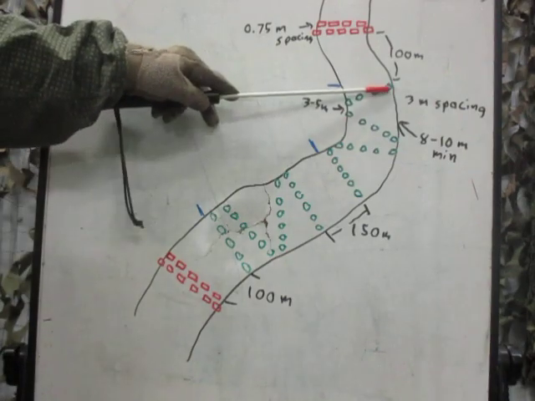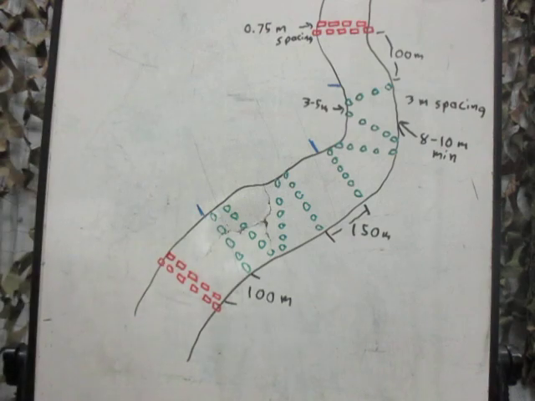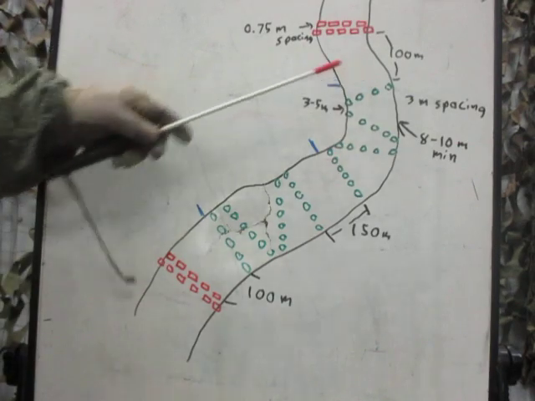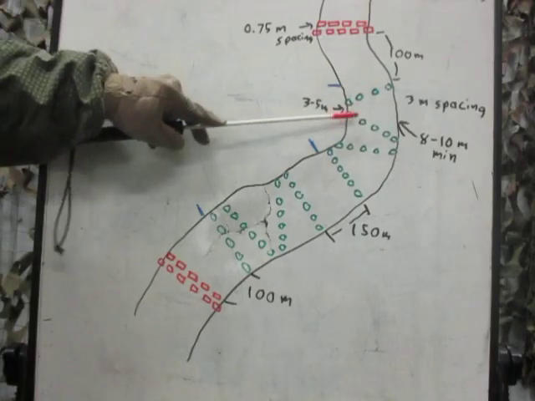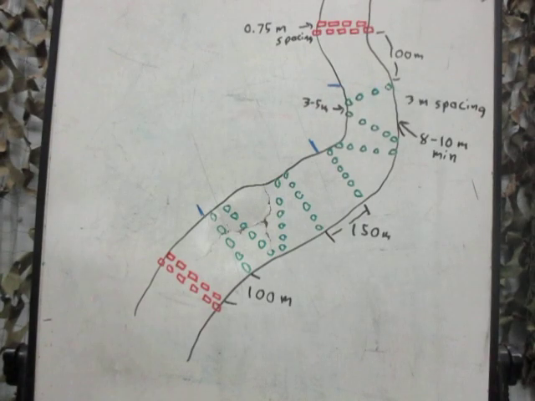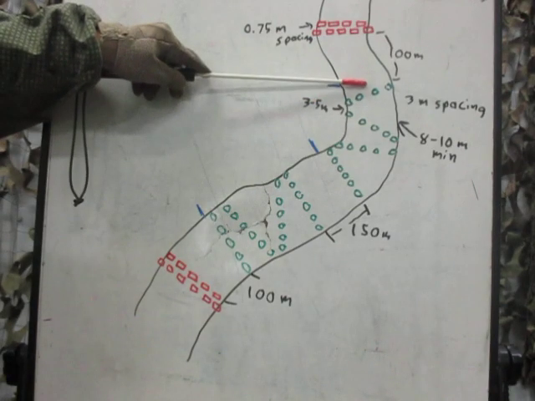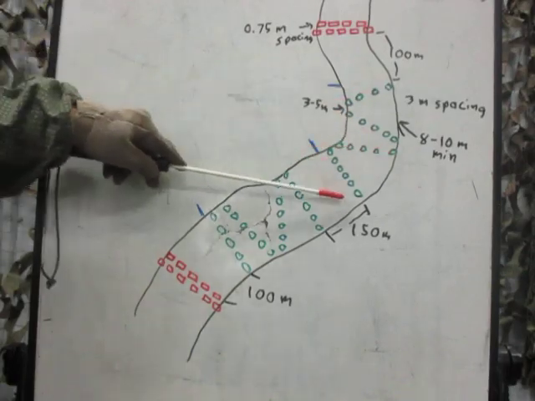Minimum spacing on the wide part of the zigzag here was 8 to 10 meters, but ideally, you're probably looking at 10 to 25 meters. Each row went as a diagonal across the road to increase the length of each individual row. And this would go all the way back, zigzagging back and forth.